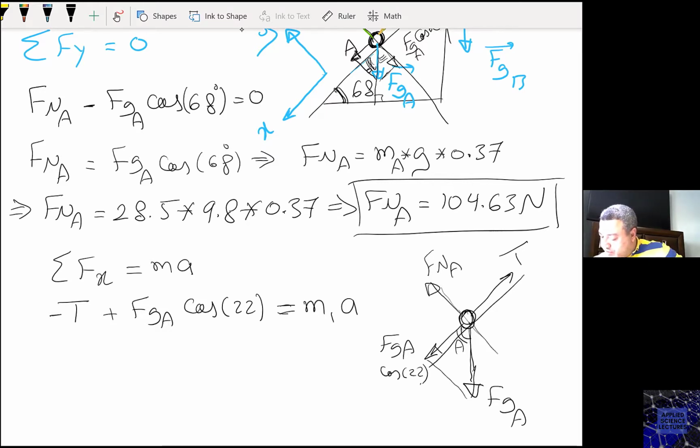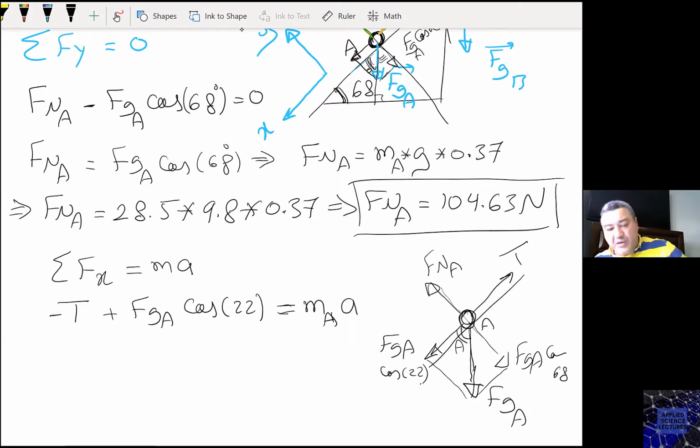And the projection F_gA cosine 68 has no effect here, equals to m1, I call it M_A, the mass of A, times the acceleration.